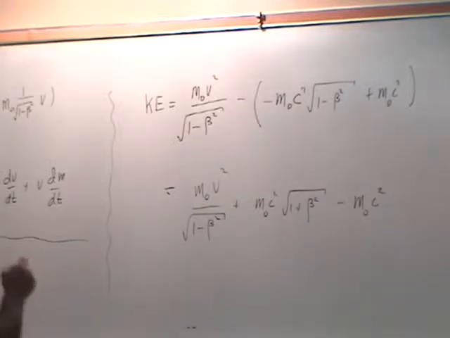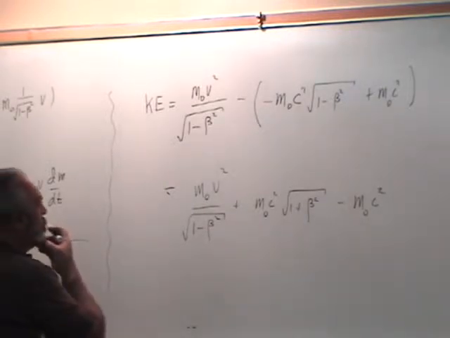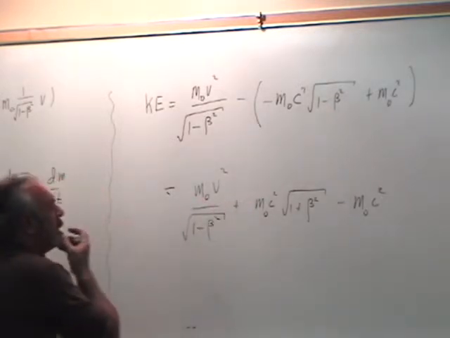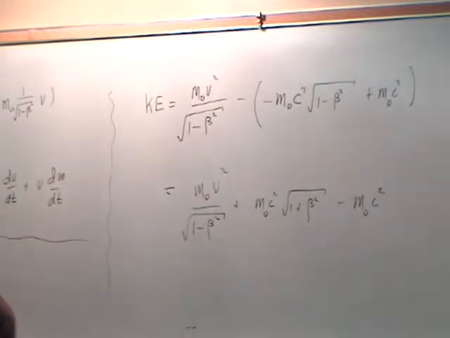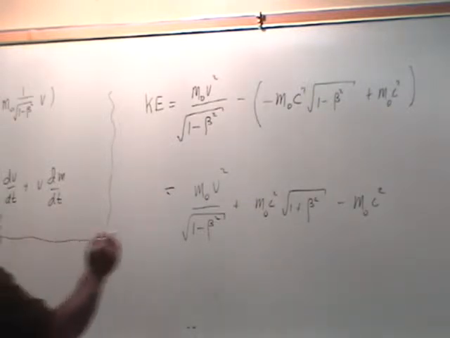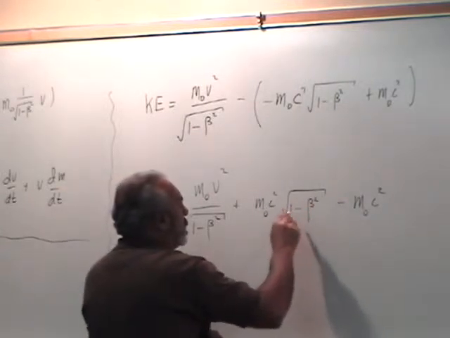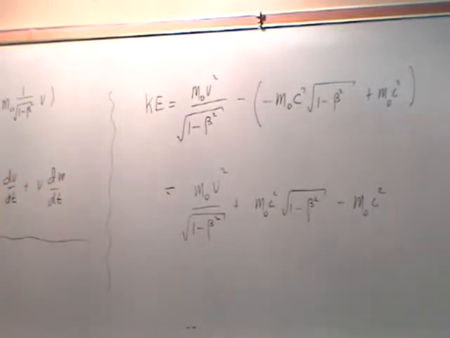And then we endeavor to combine these two terms. We can do that by multiplying this term by 1 minus beta squared over 1 minus beta squared, both of them on the square root.